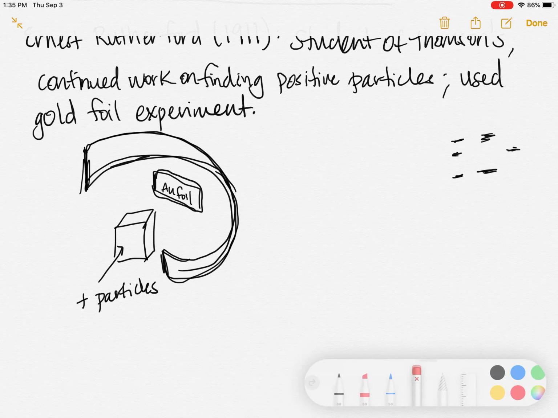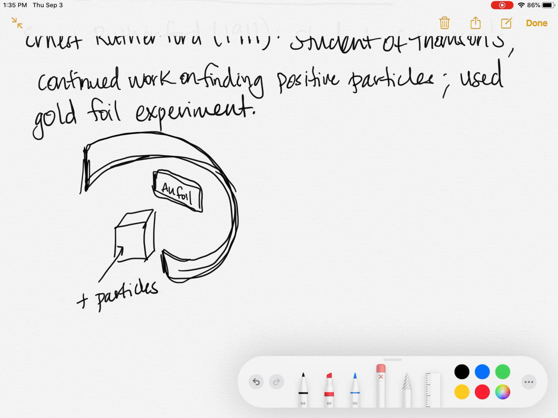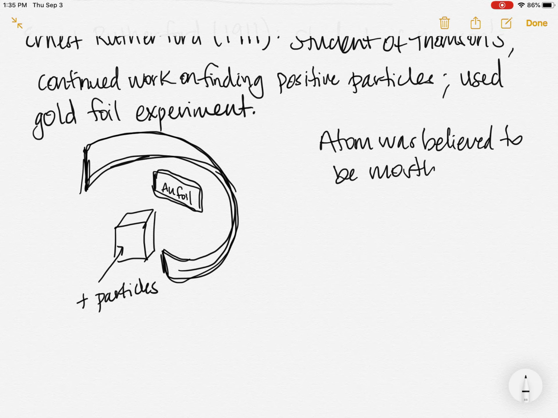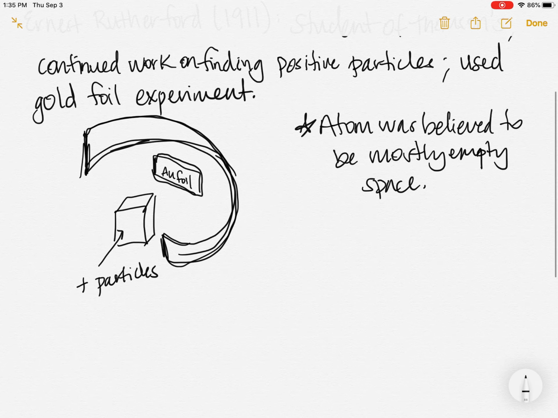So that's a big idea in this section. I'm going to get rid of that little drawing here, and I'm going to write that. The atom was believed to be mostly empty space. And that's important for this discussion.